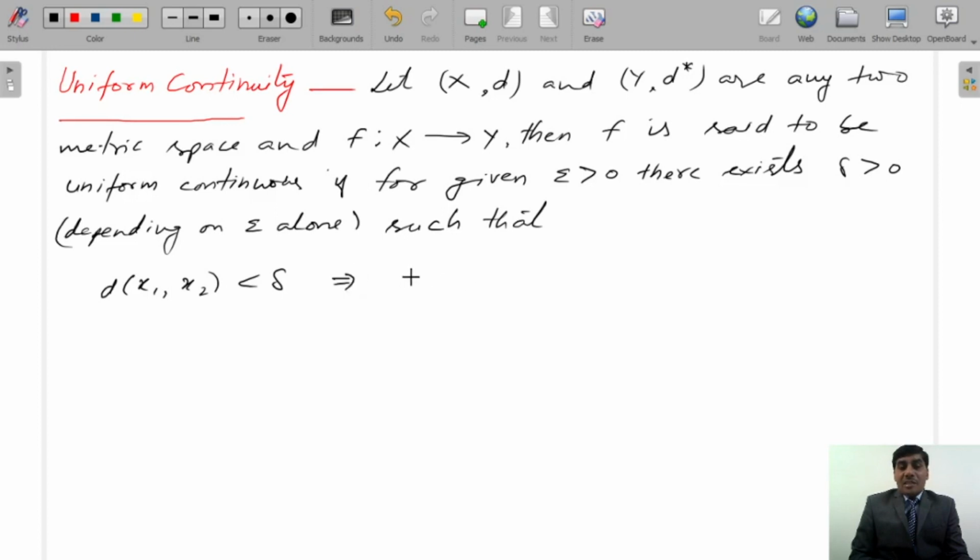This implies d star of f of x1, f of x2 is less than epsilon for every x1, x2 belongs to capital X.